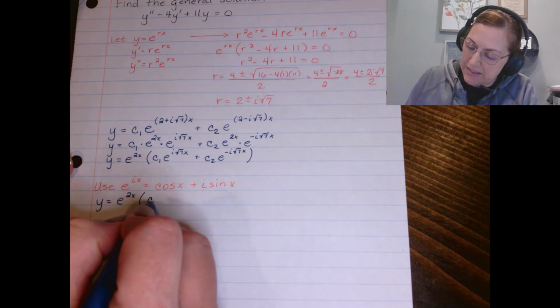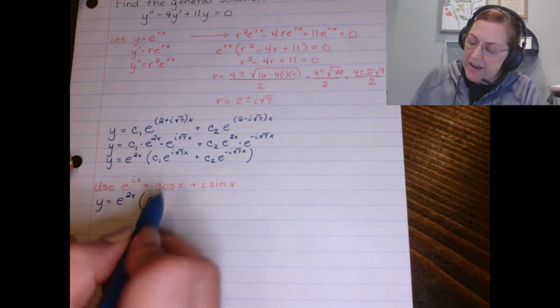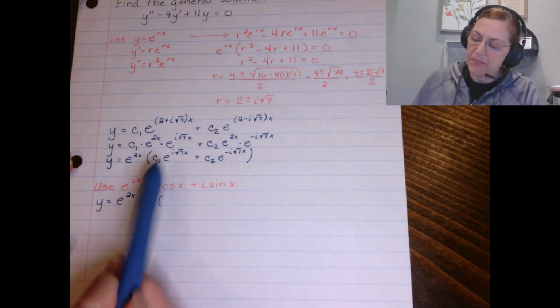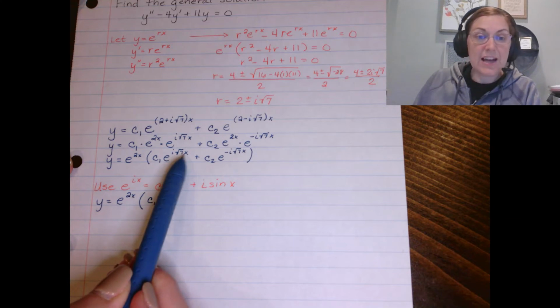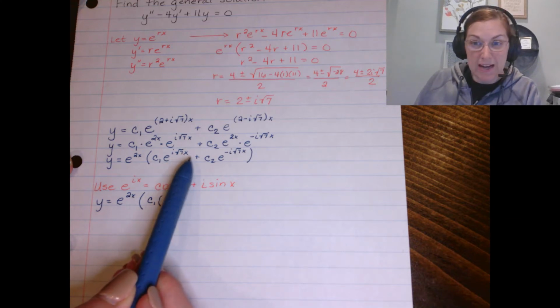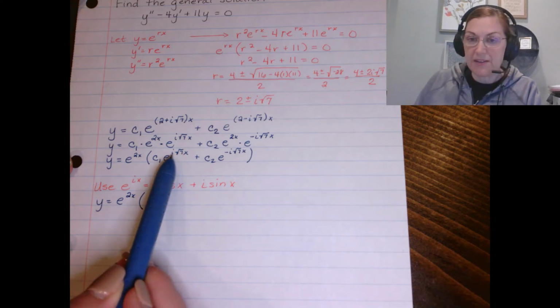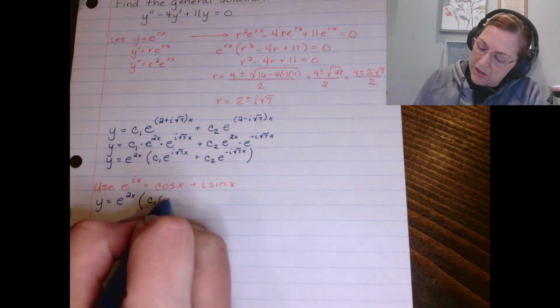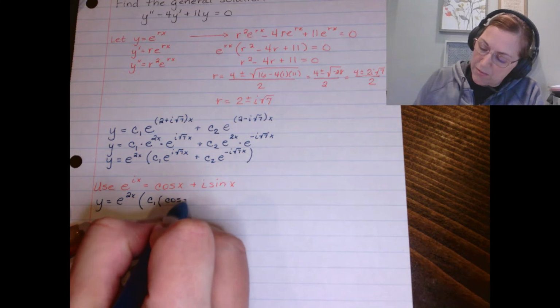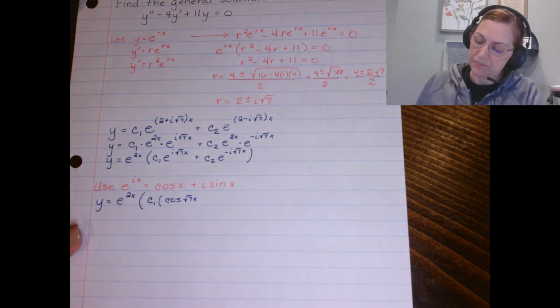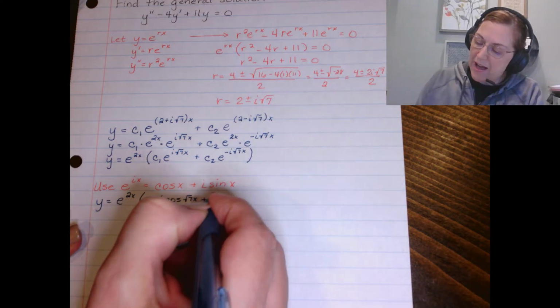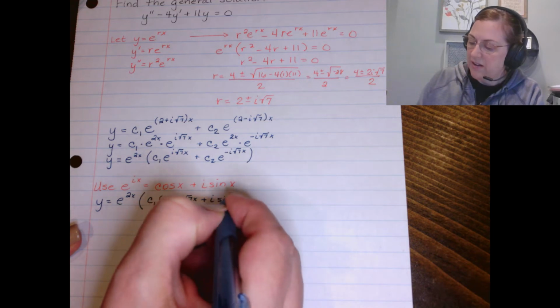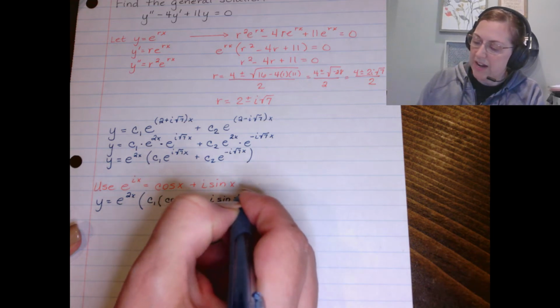I've still got c1. And now I'm going to put in here, x is actually going to be square root of 7 x, because I have to have i times whatever is being multiplied. So this is going to be cosine of square root of 7 x plus i sine of square root of 7 x.